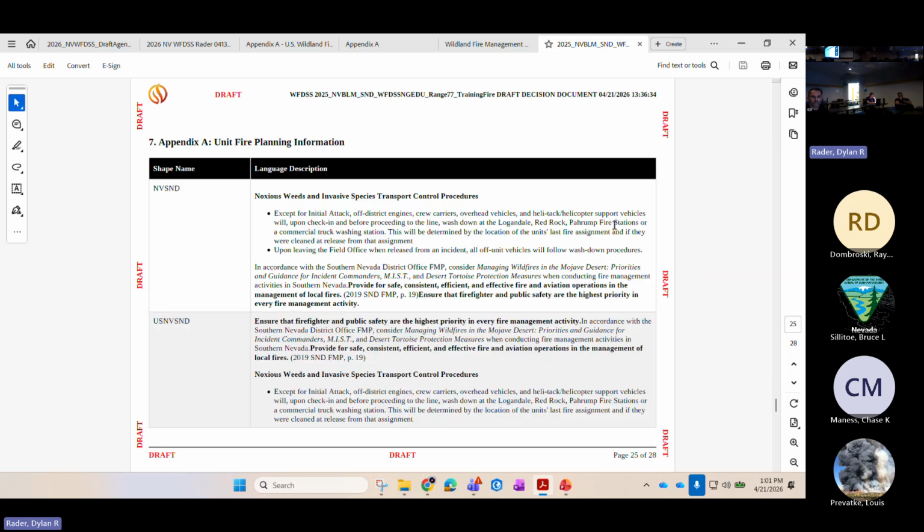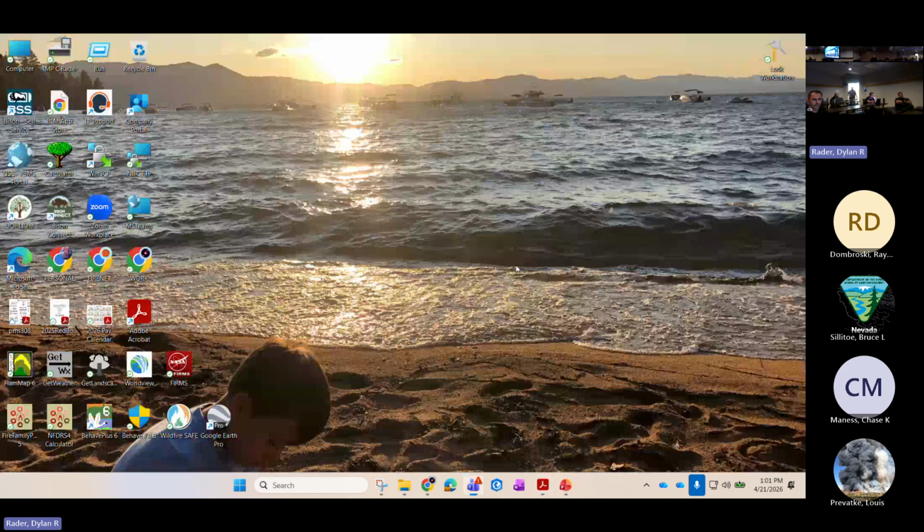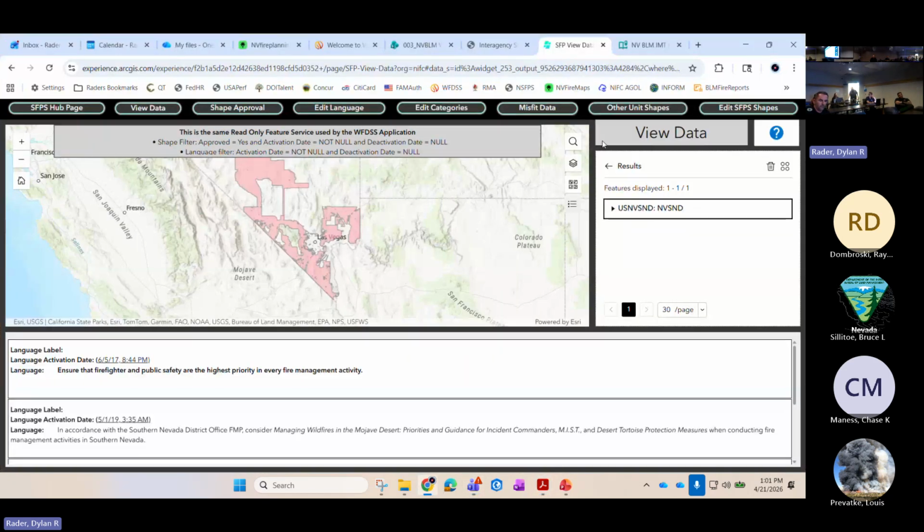The reason I wanted to bring this up is because within this tab, which is the unit fire planning information, all of this fire planning information that gets pulled into the WFDSS decision initially starts as information in the Spatial Fire Planning Service. I talked about the Spatial Fire Planning Service being separate from WFDSS.